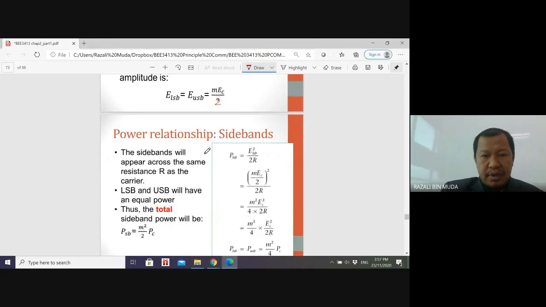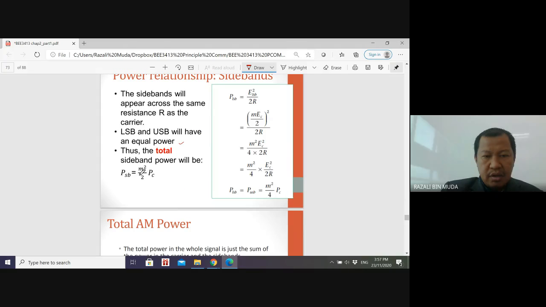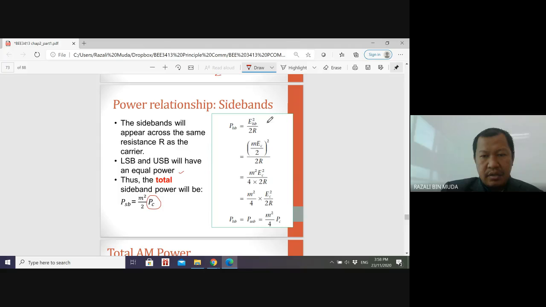So the sidebands will appear across the same resistance R as the carrier. Lower sideband and upper sideband will have an equal power. Thus, total sidebands power will be m square over 2 multiplied by carrier power. Okay, so this is the equation.